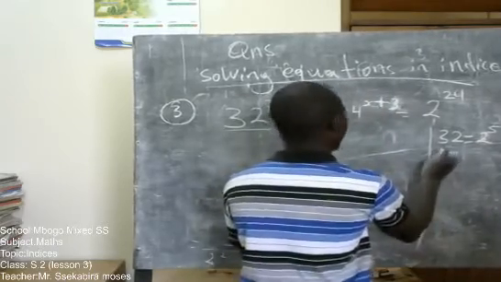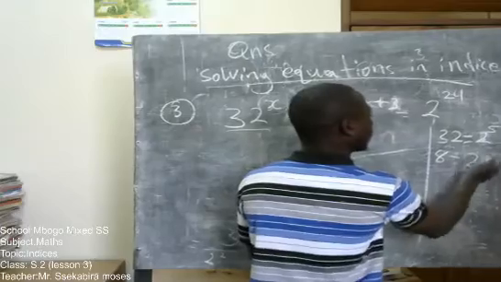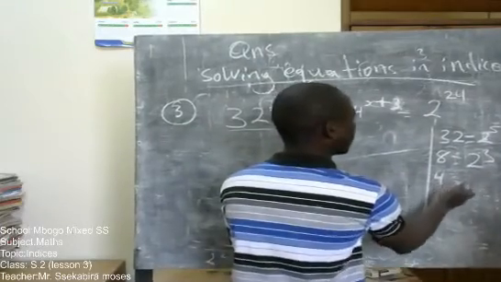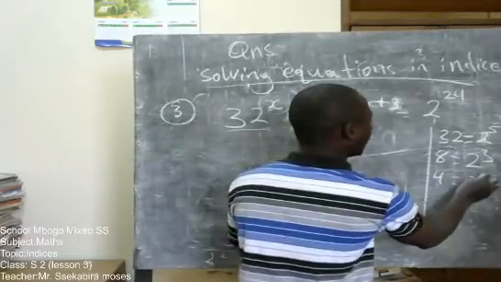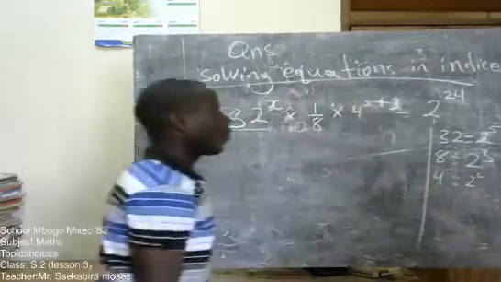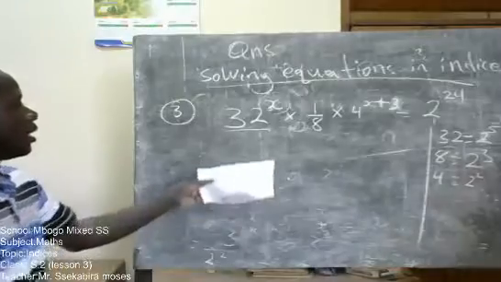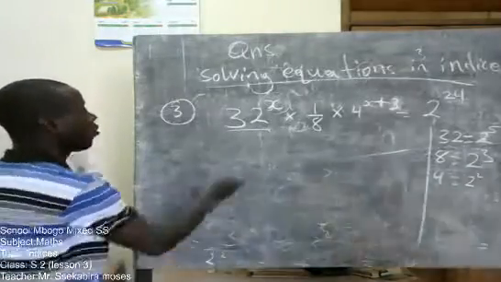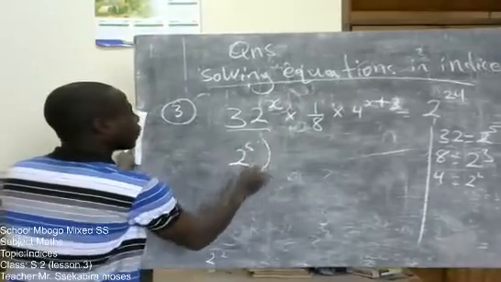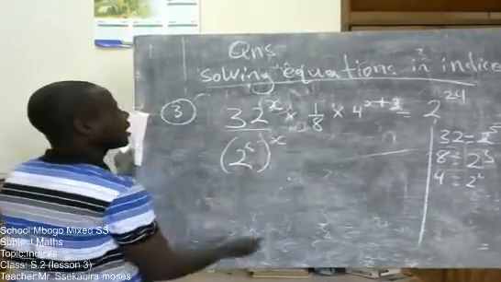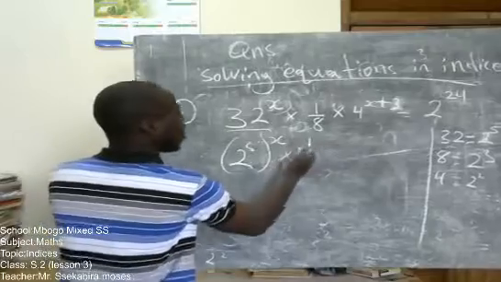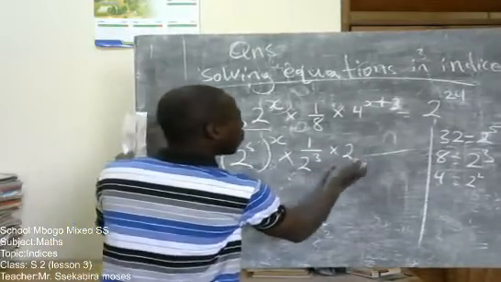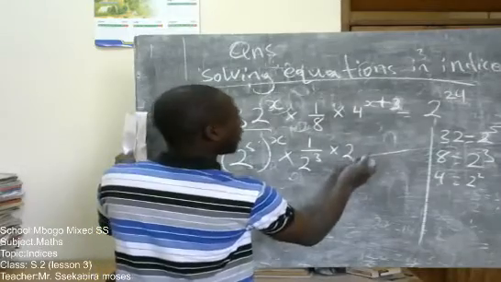And if 8 is equal to 2 to the power 3, then 4 is equal to 2 to the power 2. Now what I need you to do is substitute in. Where there is 32, put 2 to the power 5.